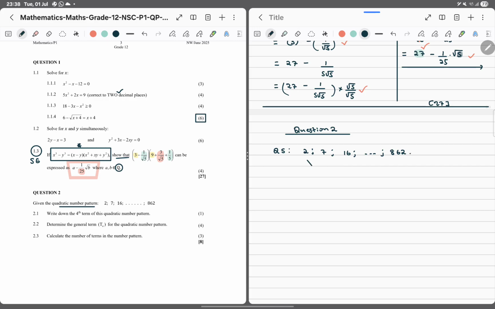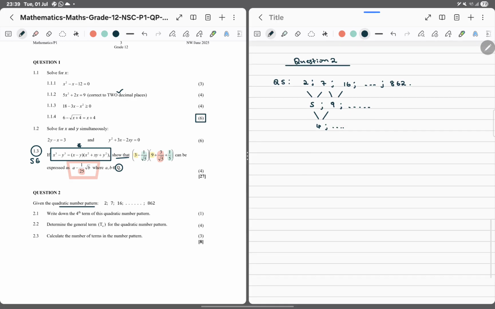Of course, we know there's going to be the sequence of the first differences. Right, so this is 5, this is 9, and this forms a sequence, and we know there's going to be a second difference which is supposed to be constant. Okay, so we don't need an invitation to do that, guys. We do it straight into the questions.